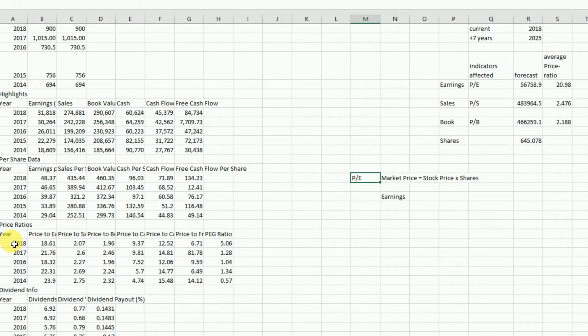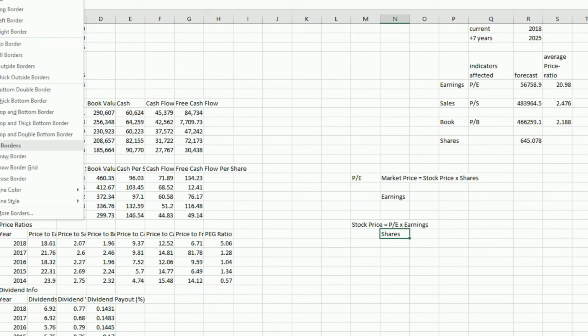So using simple algebra here, stock price will be cross multiplied, price earnings will be below. So it will now come out as stock price equals price earnings multiplied by earnings, divided by number of shares. Shares is below, so meaning it's divided by.